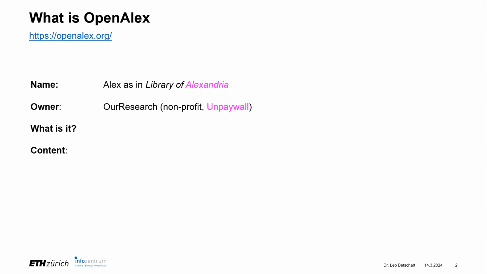So what is OpenAlex? It's an abstract and indexing database. You might know others like Scopus, Web of Science, or Dimensions. Those are the big established ones that are of commercial nature, and OpenAlex aims to do the same or a similar thing, but provide this for free.